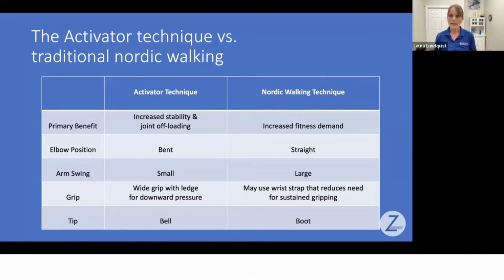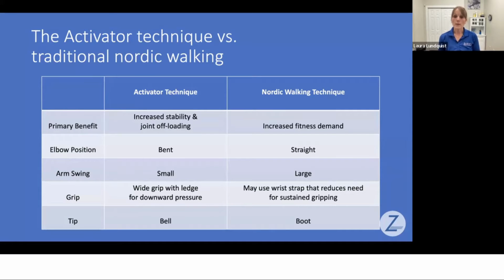The grips are quite different between the two. So when we use the Activator technique using Activator poles, we have that wide core grip with a ledge for downward pressure, as compared to a Nordic walking pole, where we more traditionally have a wrist strap that reduces the need for sustained gripping, but doesn't allow the same downward pressure through the ledge as the Activator pole does.